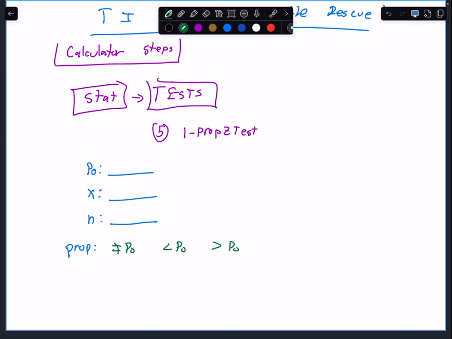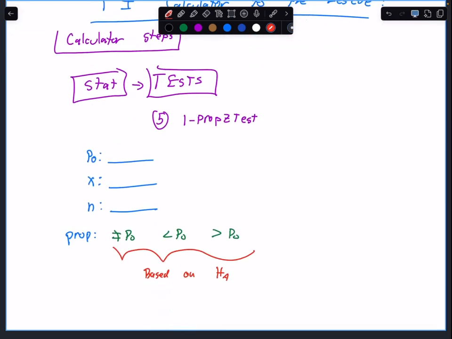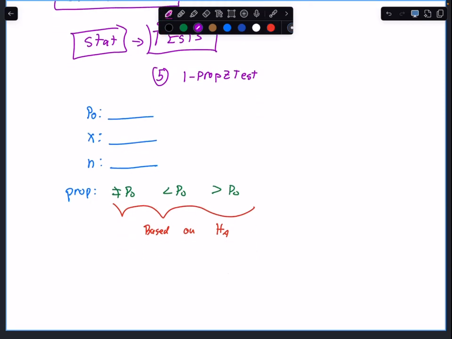You must make a selection. This is based on the alternative hypothesis. Branson, follow along. You're going to be completely lost in this, and I'm not going to repeat it. It's all those calculator steps. You input that information, and then you just hit calculate. And it'll give you the z-score and the p-value. And that's all we need. We need the z-score and the p-value.